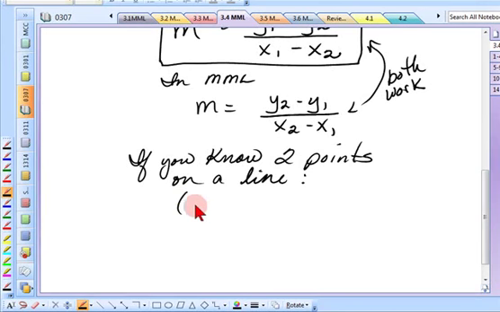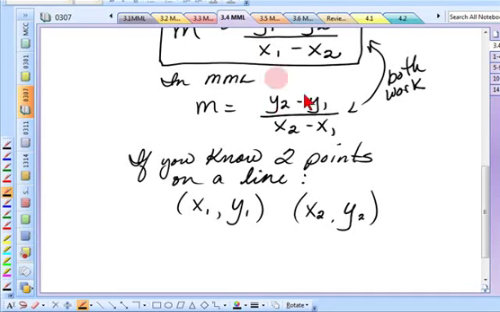We're going to call them point number 1, which is x1, comma, y1. That would be point 1. And x2, comma, y2, which is point number 2. So when I talk about these letters in the formula, it has to do with the x and the y from 2 different points. We'll do plenty of examples with that in a few minutes.